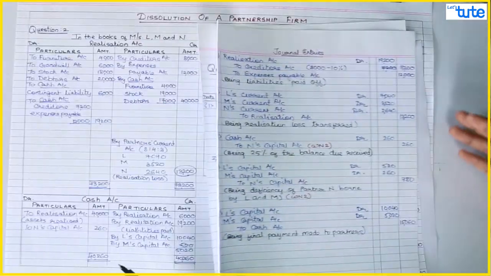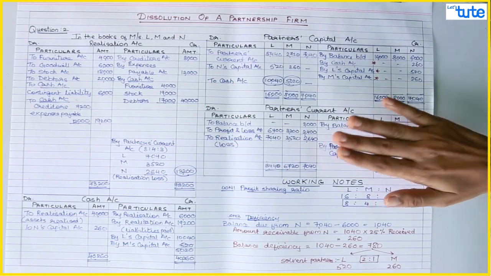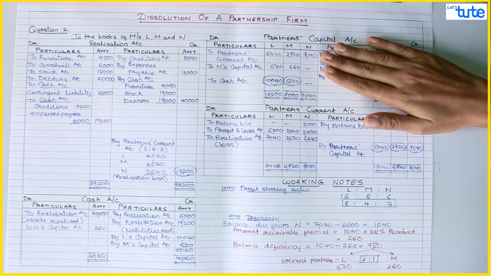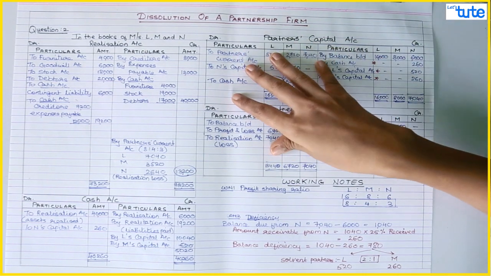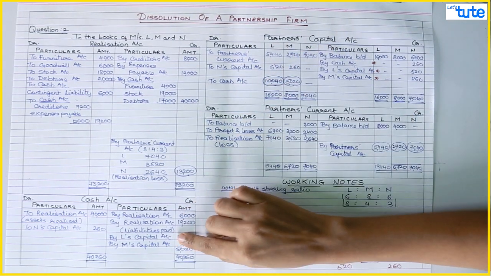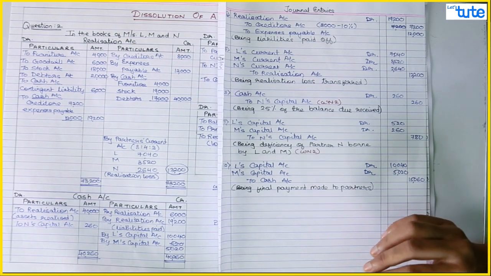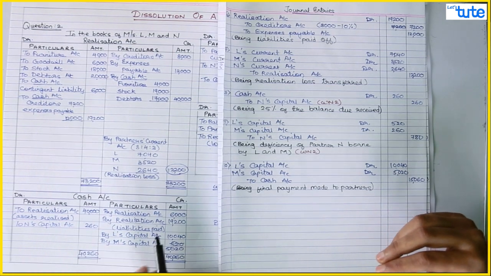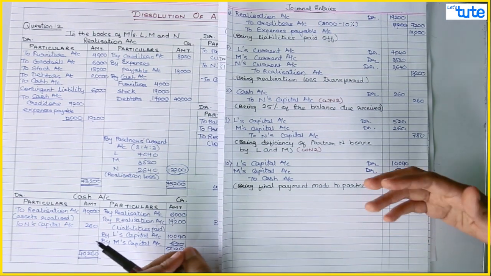And if we see our ledger accounts, our realization profit loss transferred to partners current account balance is transferred to partners capital, deficiency entry are done, and then whatever final balance of capital is transferred to cash. And finally your cash account tallies. That means our books of accounts are closed. Whatever cash was there is paid to your liabilities, and finally it is paid to the partners whom the cash amount was payable, who has a credit balance.